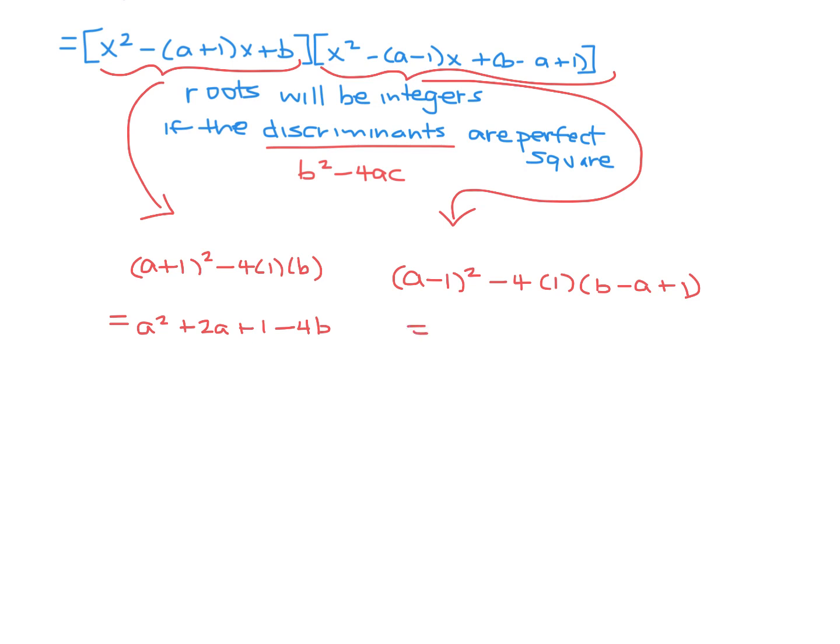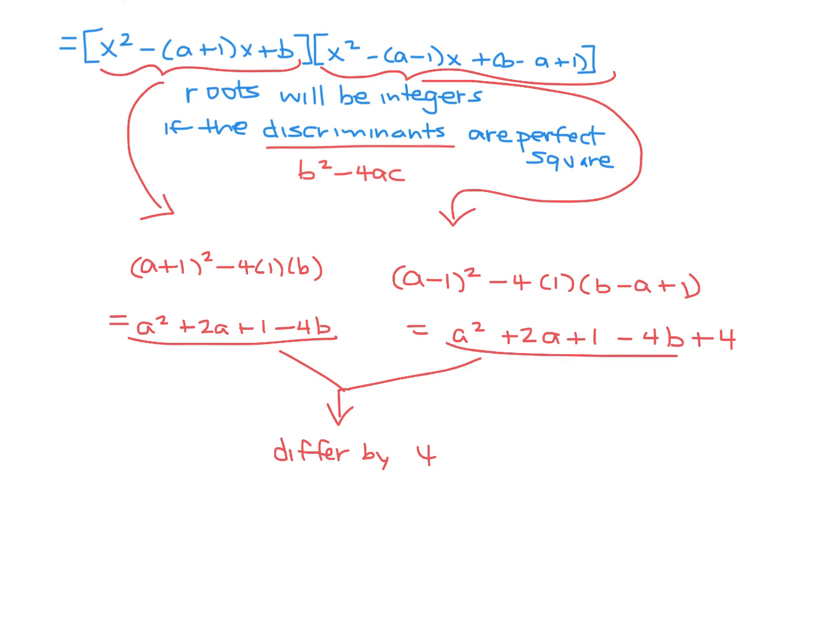And when you expand that, that becomes a squared plus 2a plus 1 minus 4b plus 4. Notice this and this are very similar. They are basically the same, except that they differ by 4. This is the same as this, and then you just add on a 4.